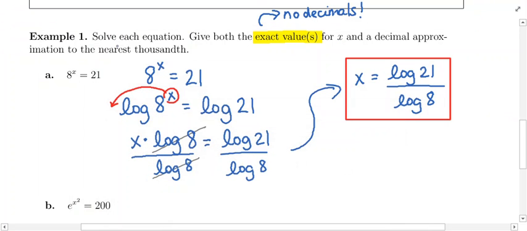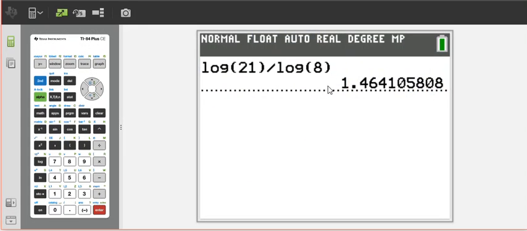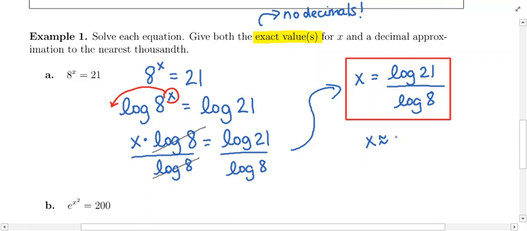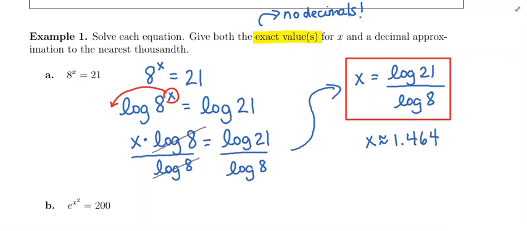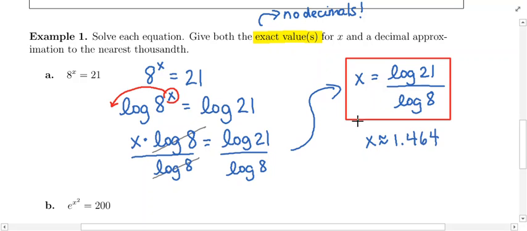It says round to the nearest thousandth. So I'm going to say x is approximately, and then I'll count out the thousandth. After the decimal, you're going to have the tenth, hundredth, thousandth. So it's going to be approximately 1.464. I'm going to write that down, approximately 1.464. And here is your decimal approximation.